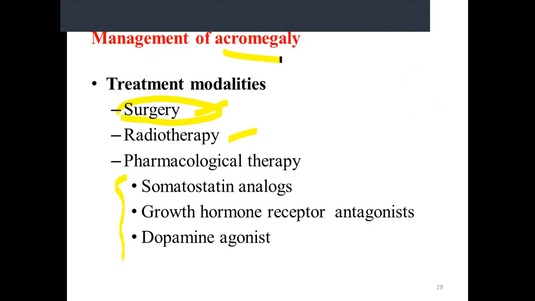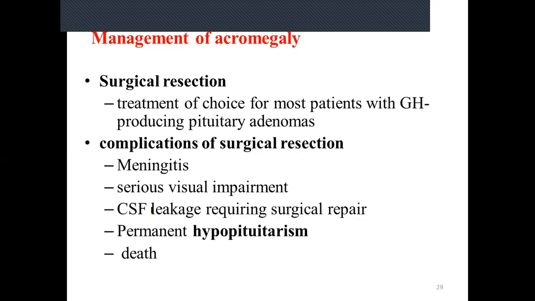So there is a special type of surgery that can be considered to remove the adenoma in the pituitary gland. So if the patient is not responding to surgery and radiation therapy, then we can consider the pharmacological treatment modalities: somatostatin analogs, dopamine agonists, and even the genetically engineered growth hormone receptor antagonist.